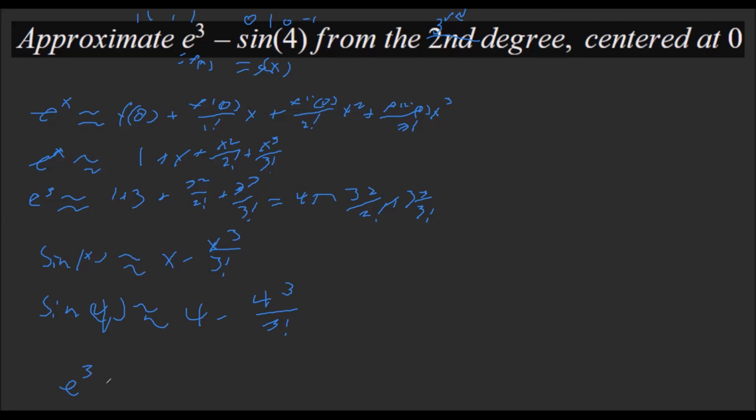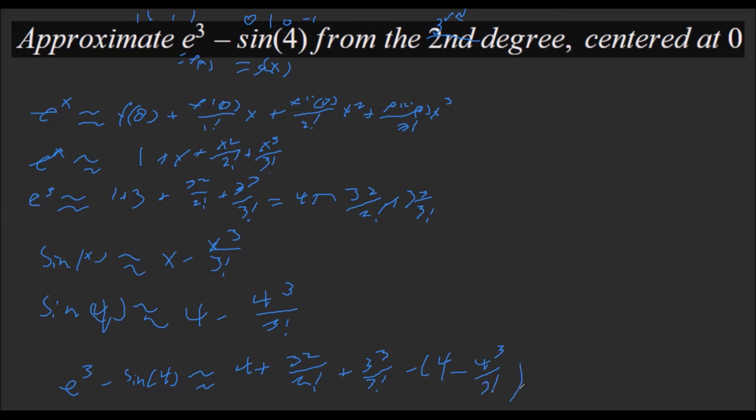So e cubed minus sine 4 is approximately equal to 4 plus 3 squared over 2 factorial plus 3 cubed over 3 factorial minus 4 cubed over 3 factorial.